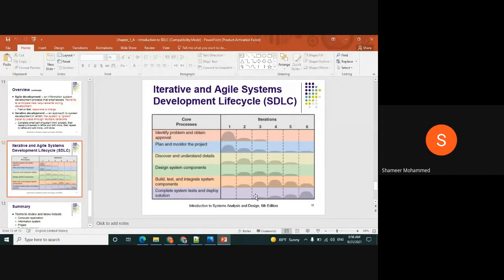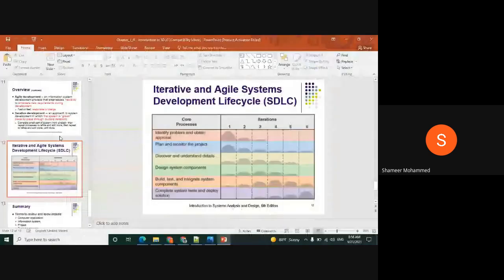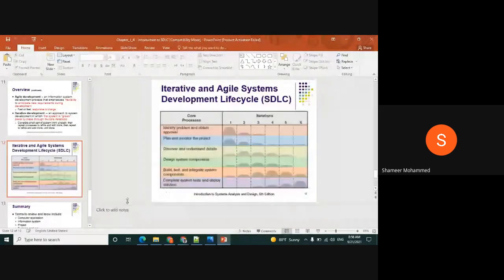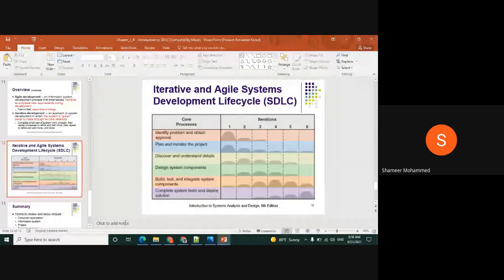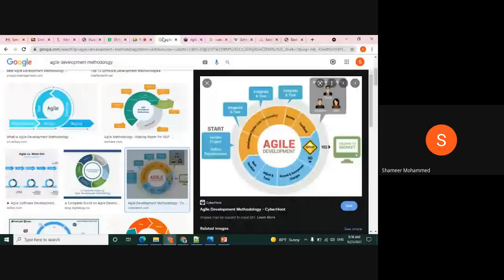Lastly, complete system testing and deploying is little. So these are the steps involved in these iterations when you do the development of any information system. This is called iterations.